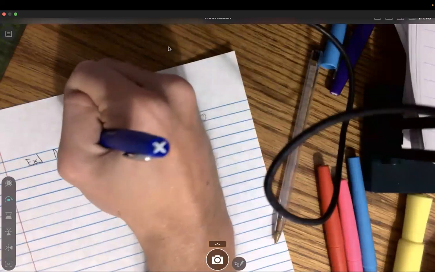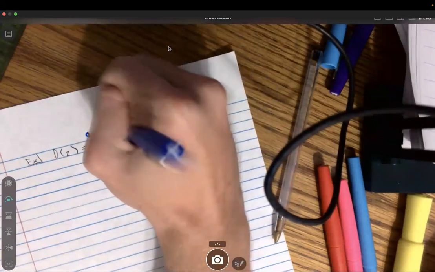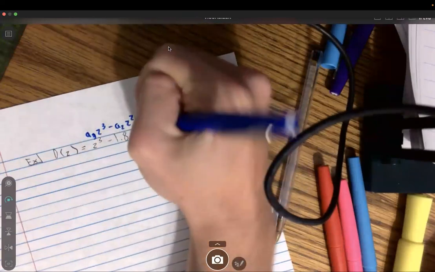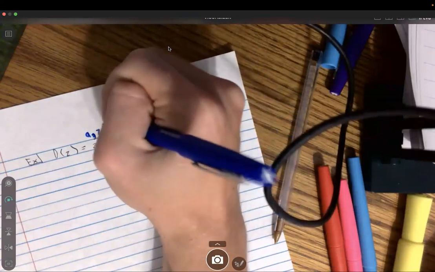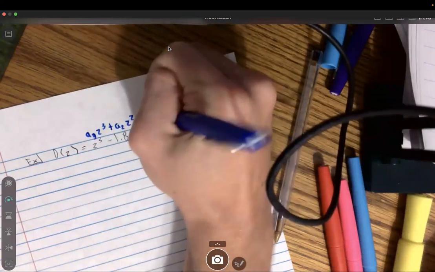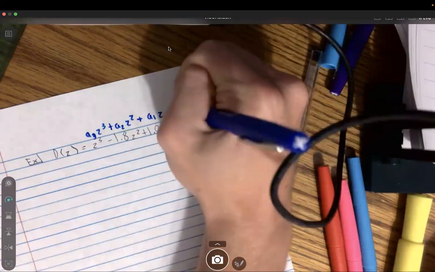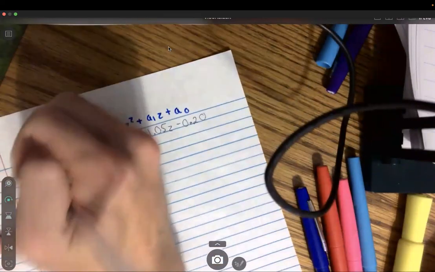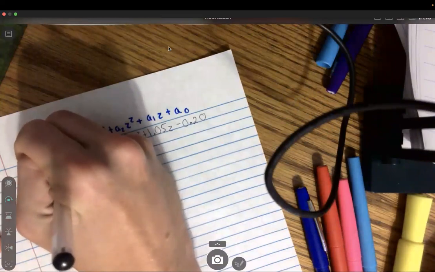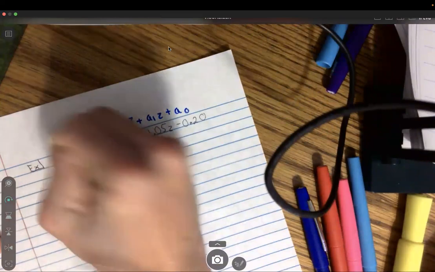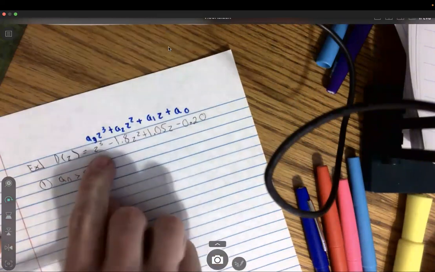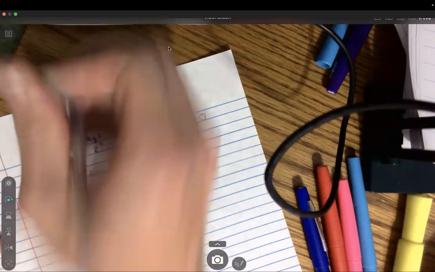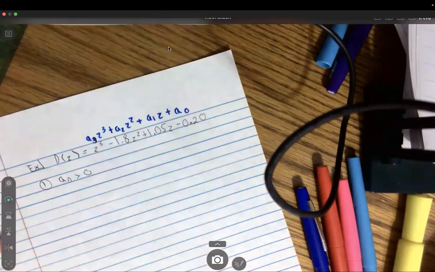Okay, so this is A3, this is A2 z to the power 2 plus, and then A1 z, and then plus A0. And so what we're going to see here is that our A_n, which is A to the power 3, so our A of n is greater than 0. That's the first step, because it's a positive number. It's a positive 1 in front here. Sorry, this is an A3.